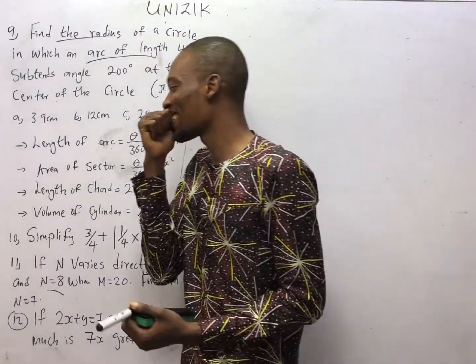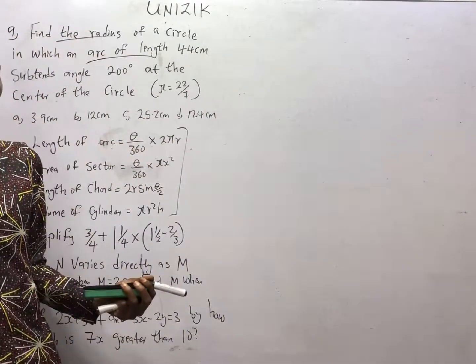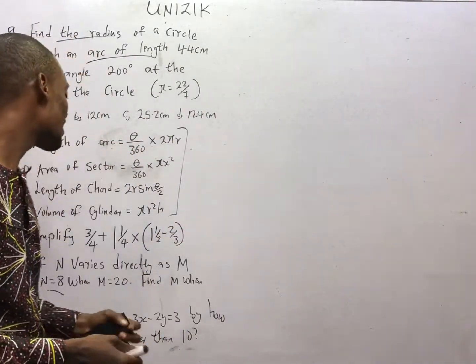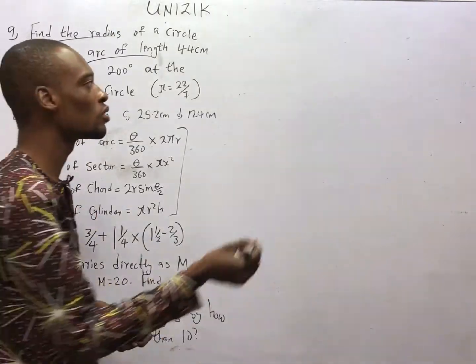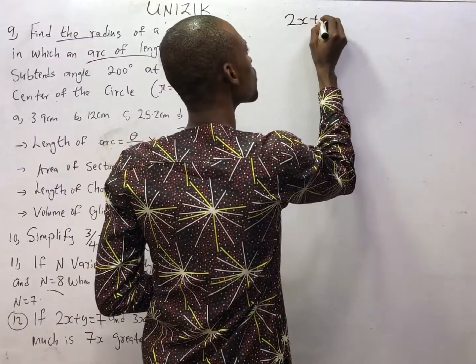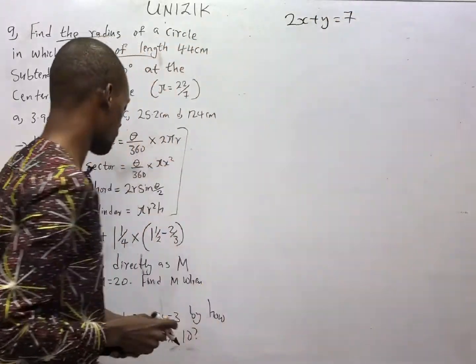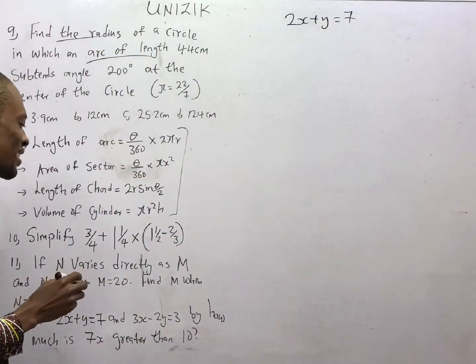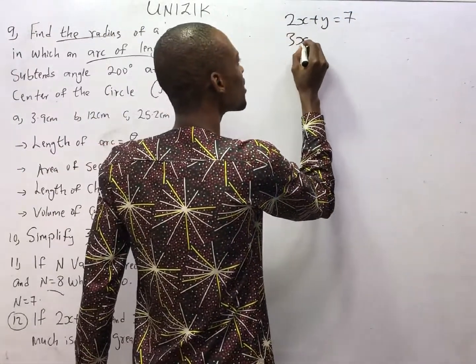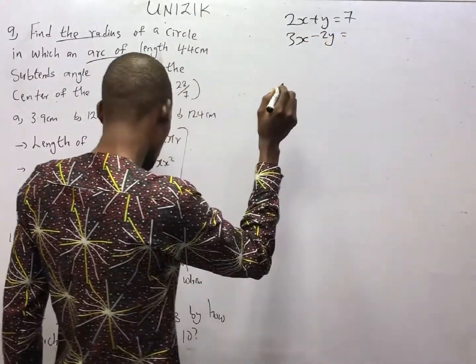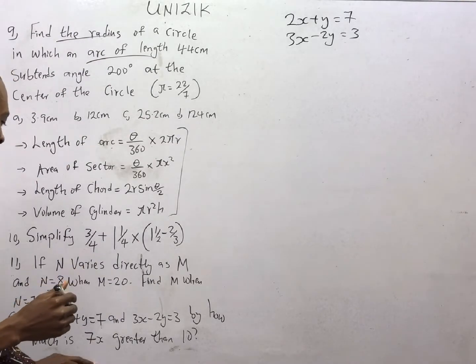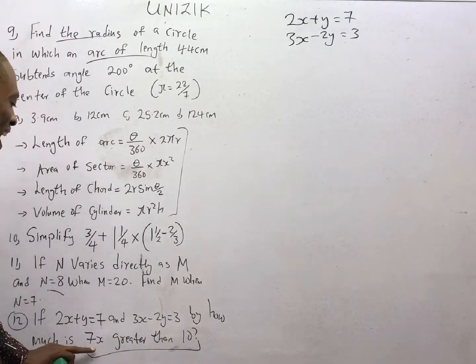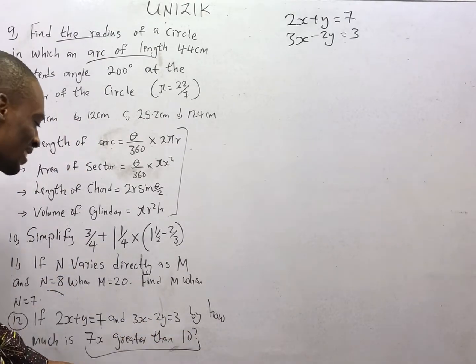This is why I told you that post-UTME requires a little touch of reasoning. It says if 2x plus y is 7, and 3x minus 2y is equal to 3, by how much is 7x greater than 10?